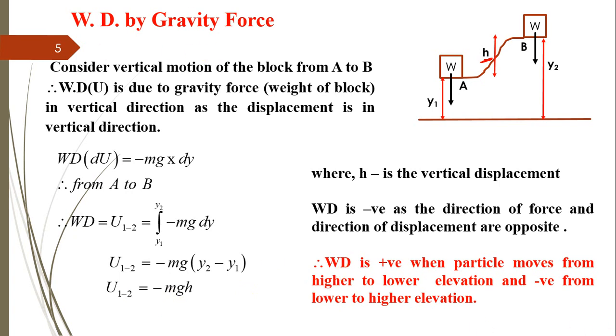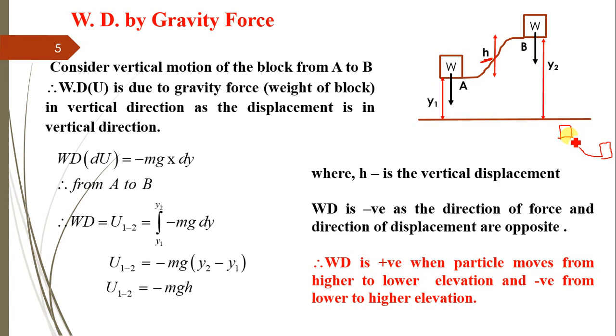Now if the force as well as the displacement are both in the same direction, then the work done will be positive. This occurs when a particle is moving from a higher elevation to a lower elevation. Suppose initially the block is over here, and finally it reaches this new position.